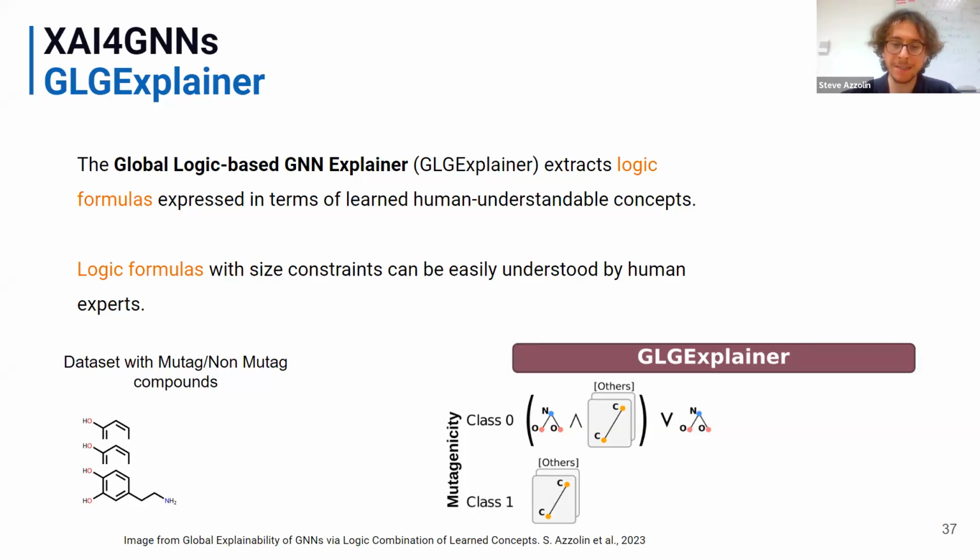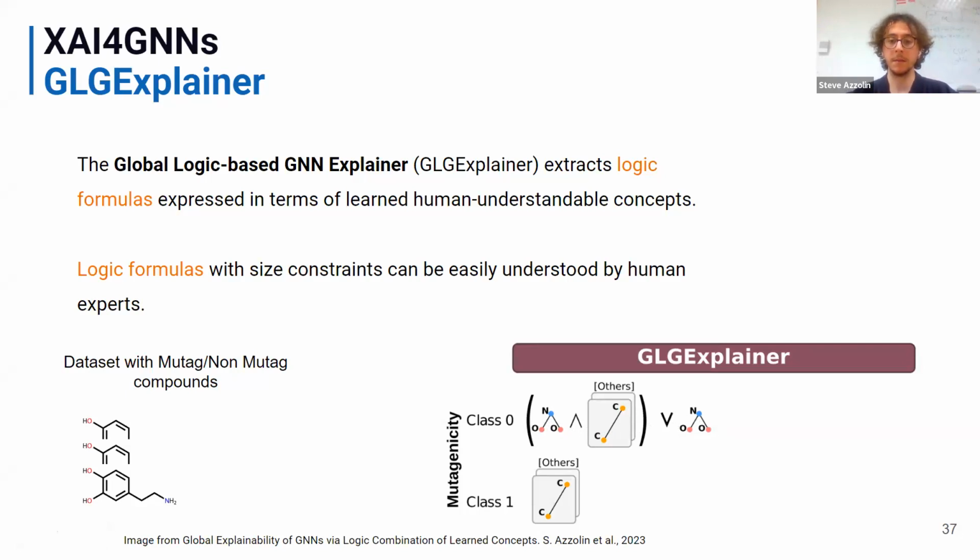In this specific case, for class 0, which corresponds to the class of mutagenic compounds, you get that the mutagenicity of a certain compound is typically implied by the presence of the functional group NO2, or the presence of the functional group NO2 and some other components like carbon rings. The interesting bit is that if you check the literature about mutagenicity, this specific functional group NO2 is highly correlated with the mutagenicity of a molecule.